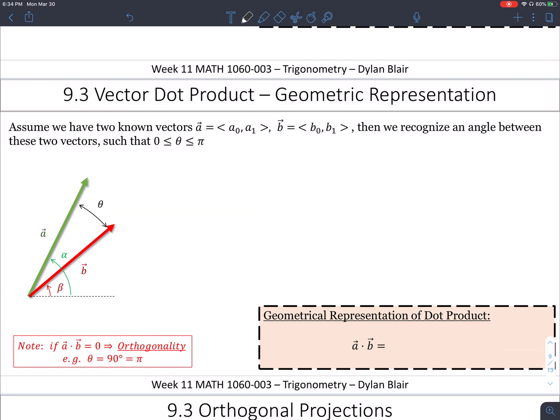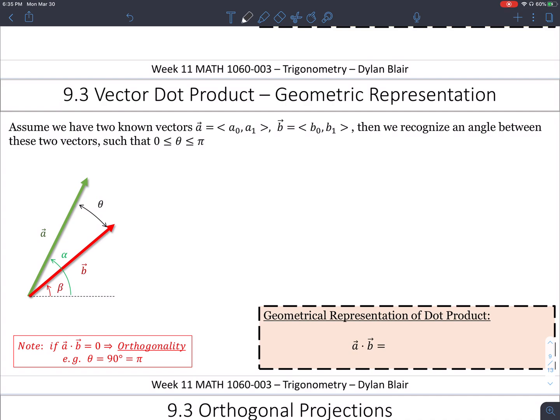That means that we always take the shortest route to define the angle between two vectors. We could say that this is angle theta, or we could say that this is angle theta. It doesn't really matter. We're just saying that it's a relative angle between the two, how largely they're separated from one another.